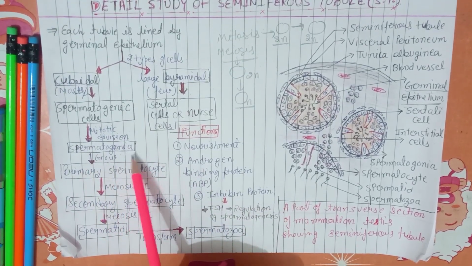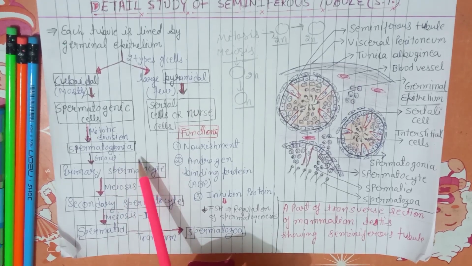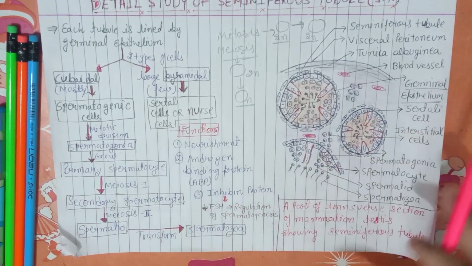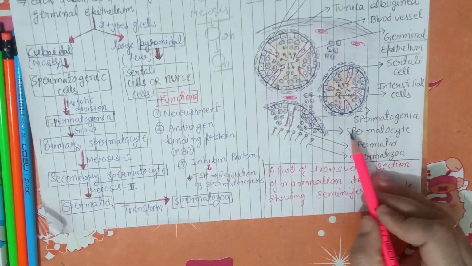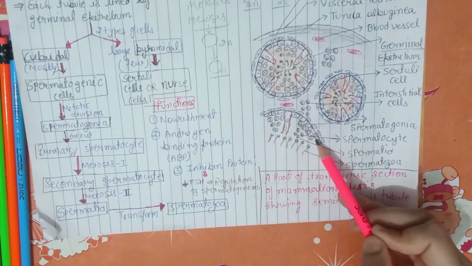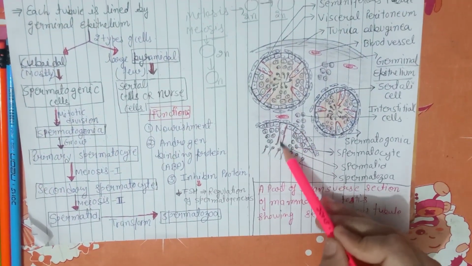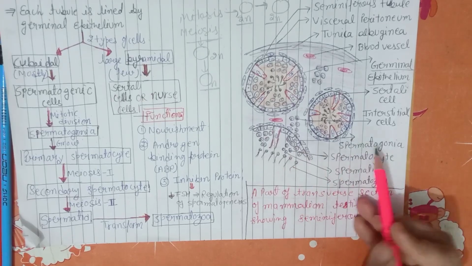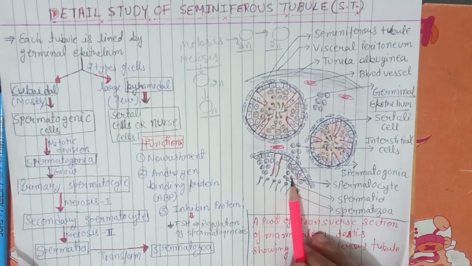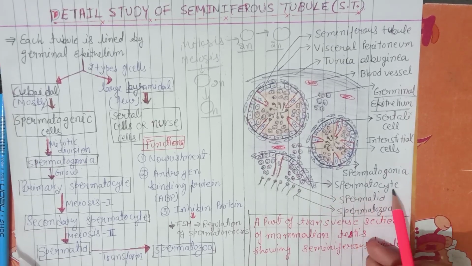Now these spermatogonia will grow in size and then they will be known as primary spermatocytes. So I have mentioned here these spermatogonia. This is the germinal epithelium, these are the cuboidal cells, this is the pyramidal cell, and now this is the spermatogonia. These spermatogonia will grow to form the primary spermatocyte.